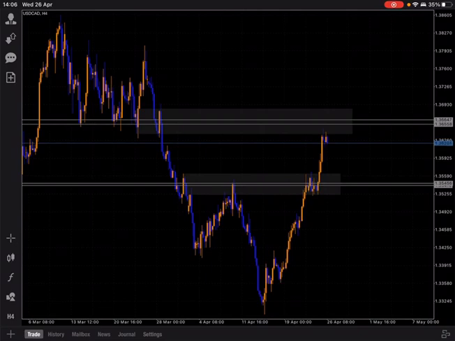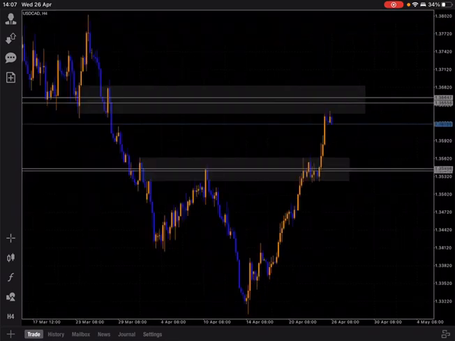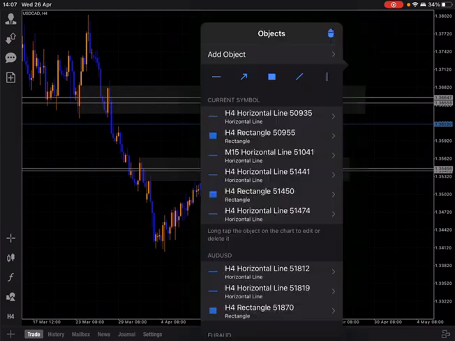Because sometimes it needs the news to move it in that way, but not necessarily that your zones are wrong. It just doesn't have that volume, okay? So don't stress, don't rush into it. If you do not find any setups, even though it's in your zone, then be patient and wait for the setup to form, okay?